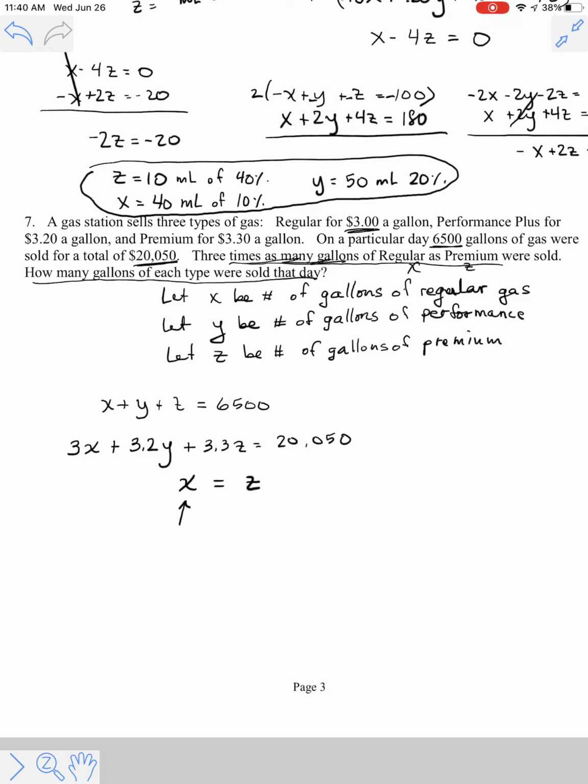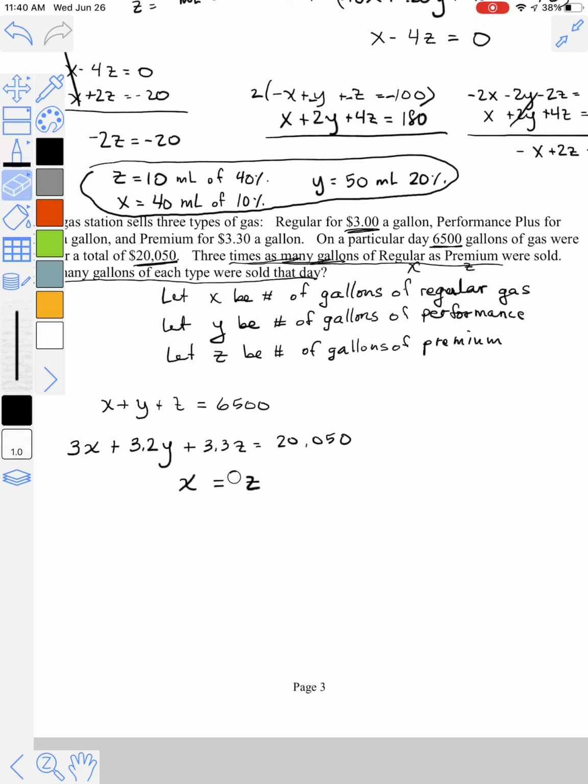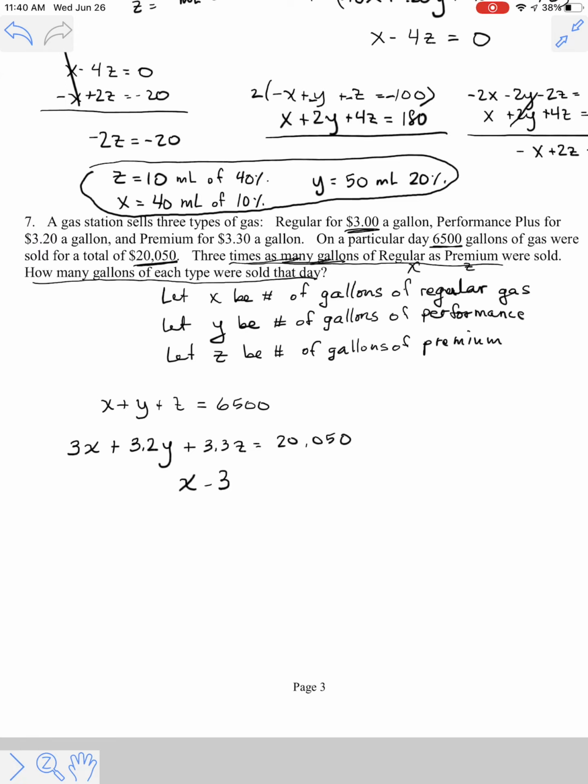So this variable is already 3 times bigger. So in order to make them equal to each other, I need to multiply this one by 3. So now they're equal. And I want to get all the variables on the same side. So I'm going to subtract the 3z and set it equal to 0.